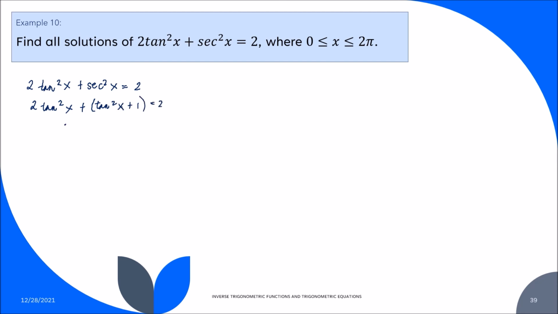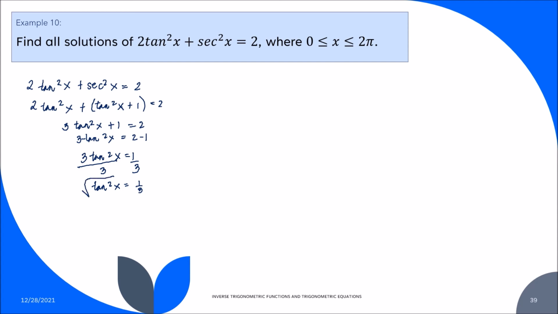Now we combine similar terms, so we will have 3 tangent squared x plus 1 equals 2. We transpose 1 to the other side, so we will have 2 minus 1. Now 3 tangent squared x is equal to 1. We divide both sides by 3, so tangent squared x is equal to 1/3.